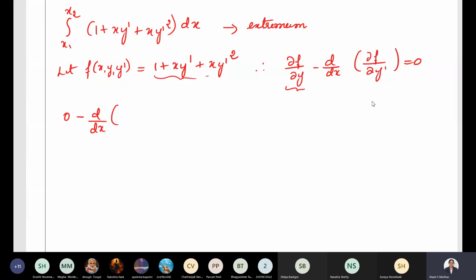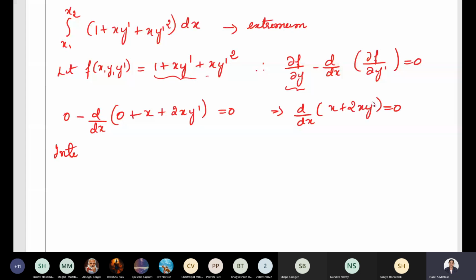What do we get? 1 will be 0, then x into y dash gives x, plus this will be 2x into y dash, that is equal to 0. So in other words, d by dx of x plus 2x y dash equal to 0.